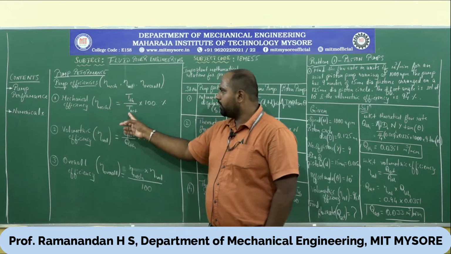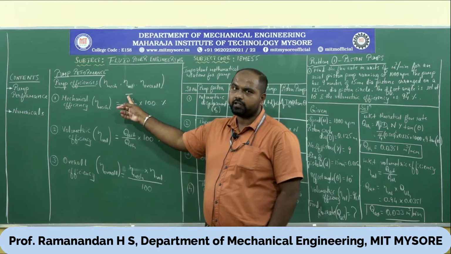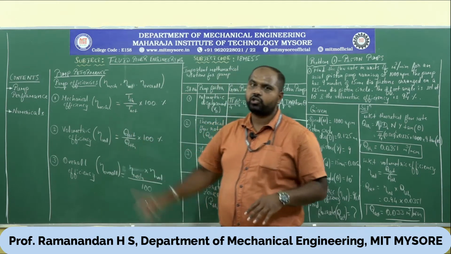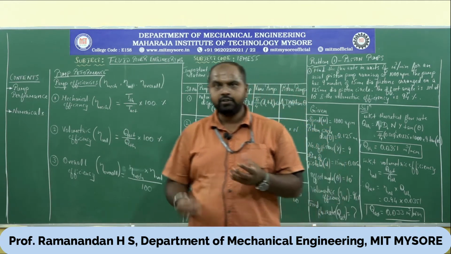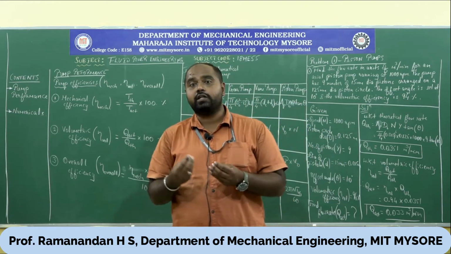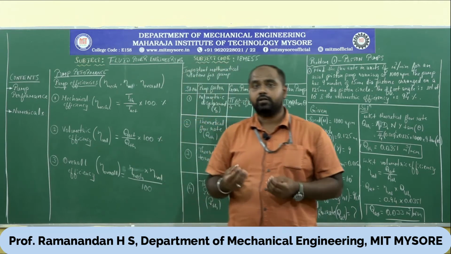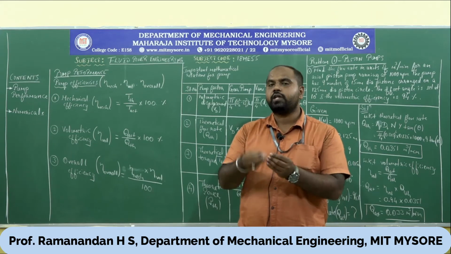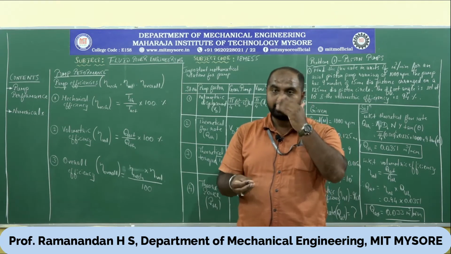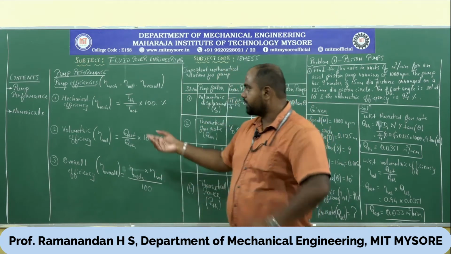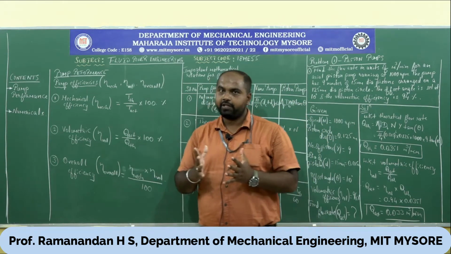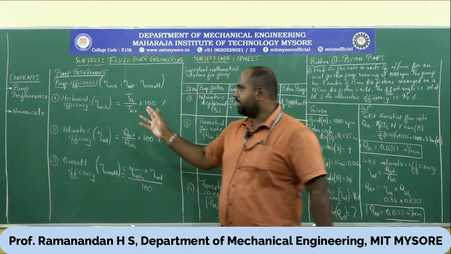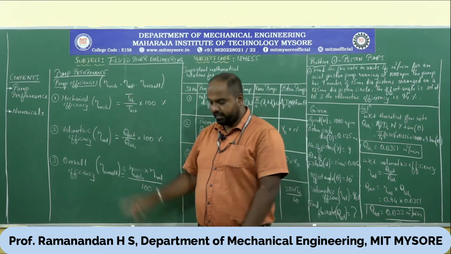It is a ratio of theoretical torque, T TH, to actual torque, T actual. T actual is the actual torque developed by the pump in the shaft, what is actually delivered by the pump, into 100. We measure efficiency in terms of percentage. Here T is the torque.